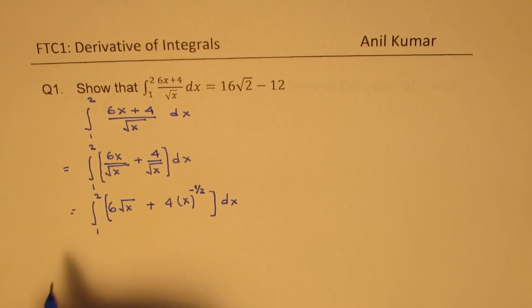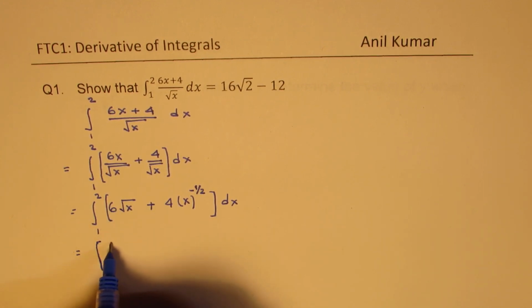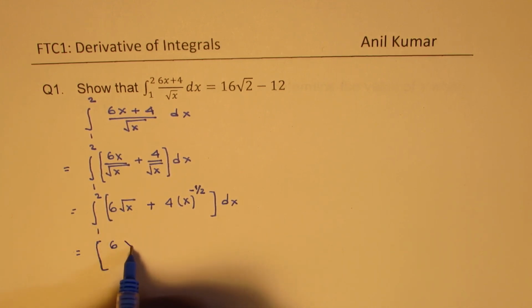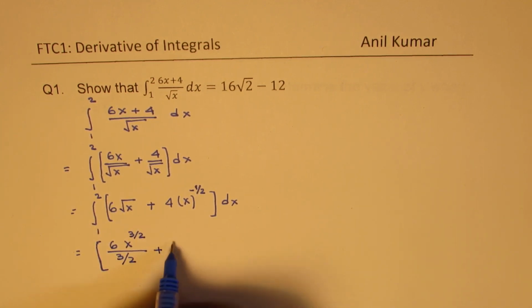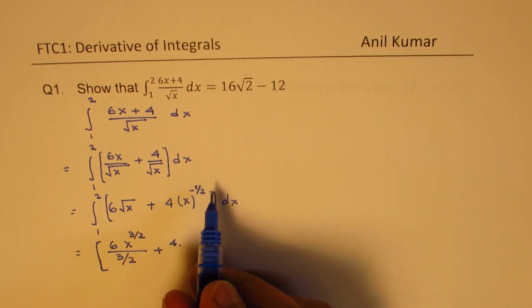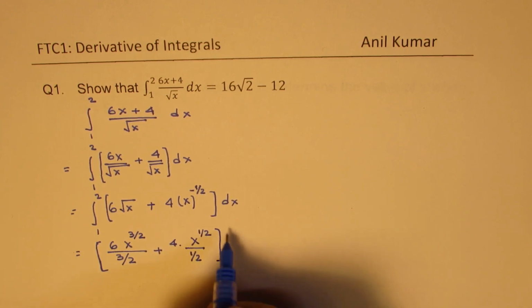Now applying the rules, what we get here is 6 times x to the power of half plus 1, which becomes 3 over 2, divided by 3 over 2, plus 4 times x to the power of minus half plus 1, which gives us half, over half, from 1 to 2.